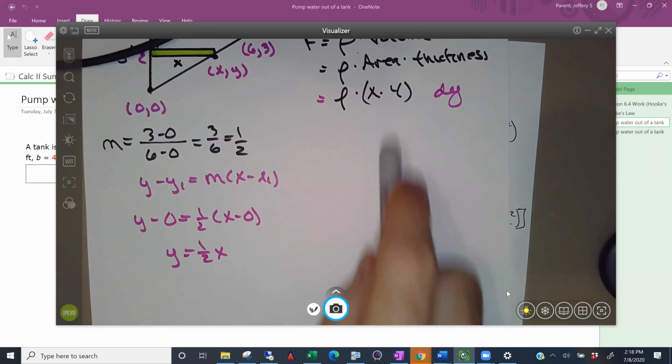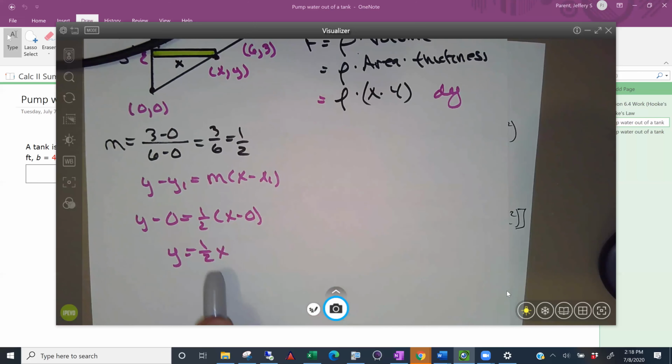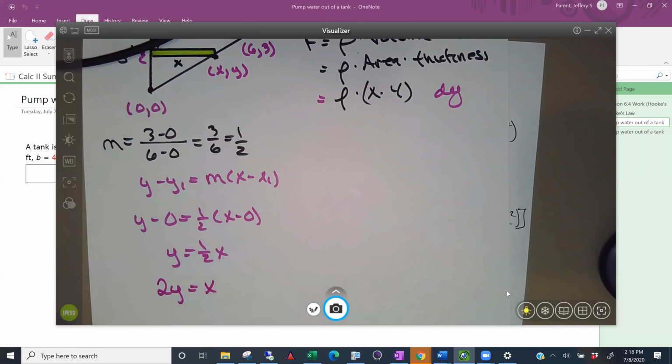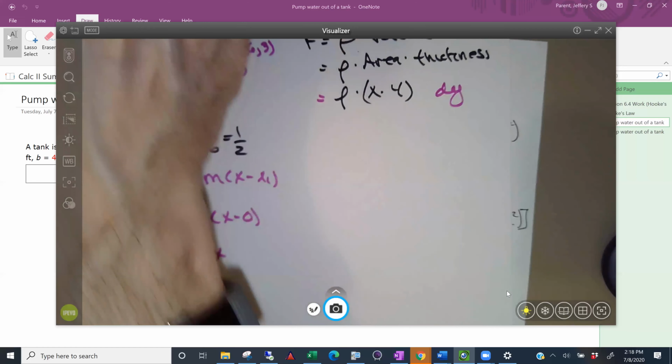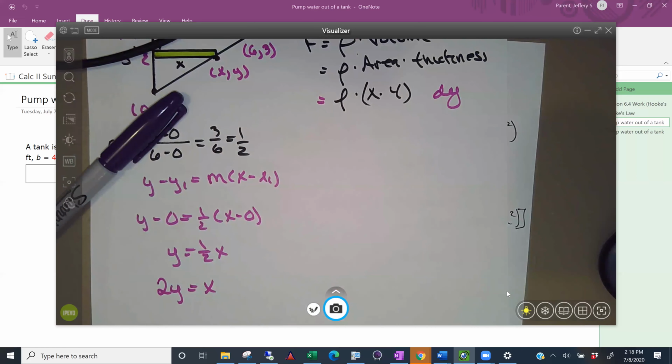Except for one thing. I need to solve for x. But that's pretty easy. Multiply both sides by 2, and I've got my substitution for x. So 2y equals x, and that goes in here.